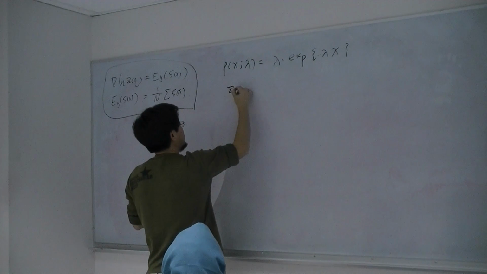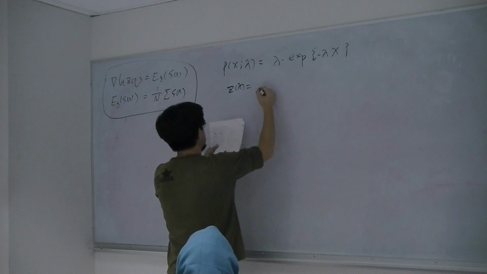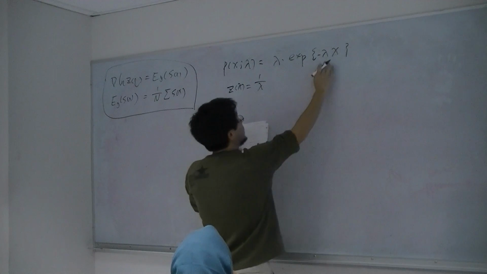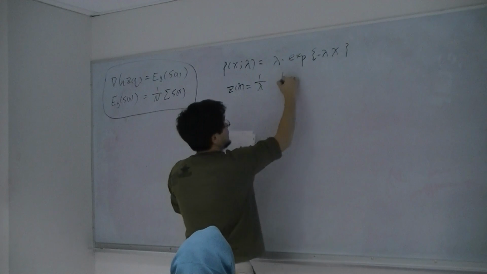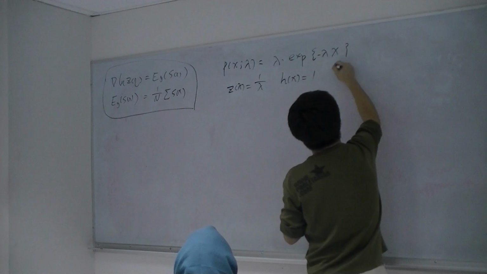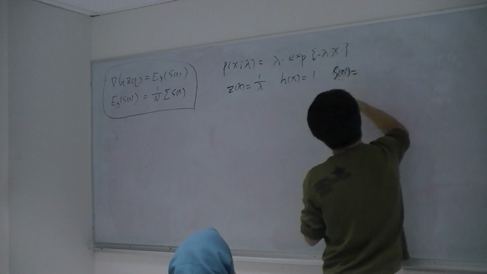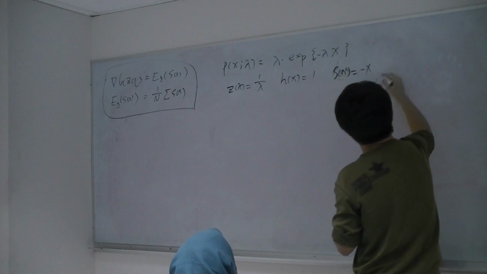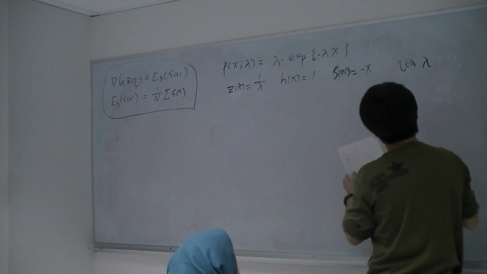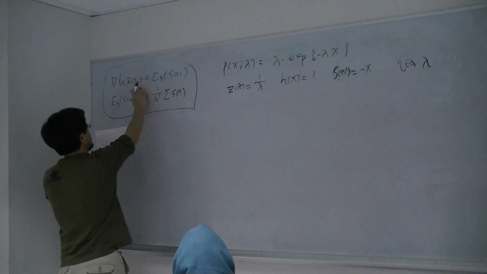Z is equal to this, h(x) equals 1, and beta is lambda. S(x), like you said, is minus x. So here we have this result.